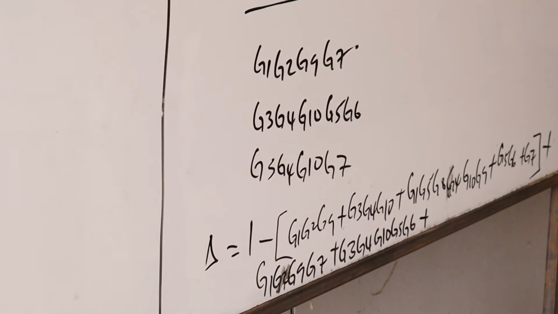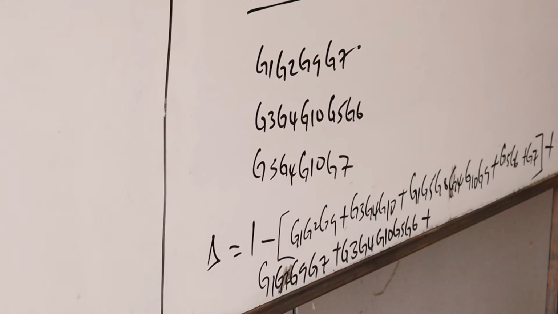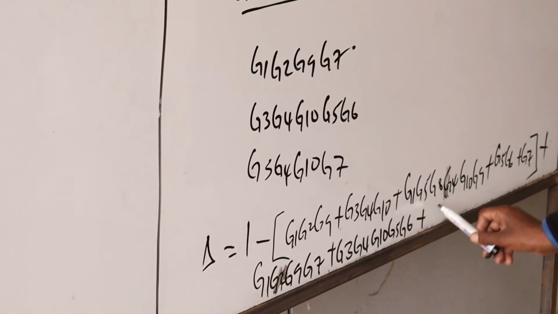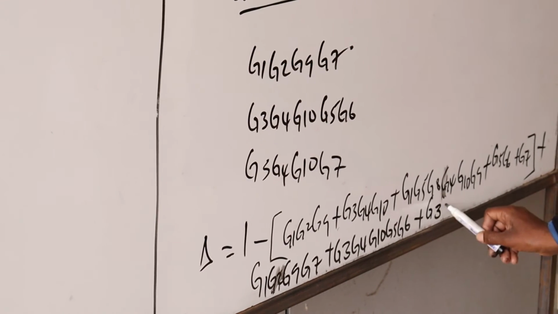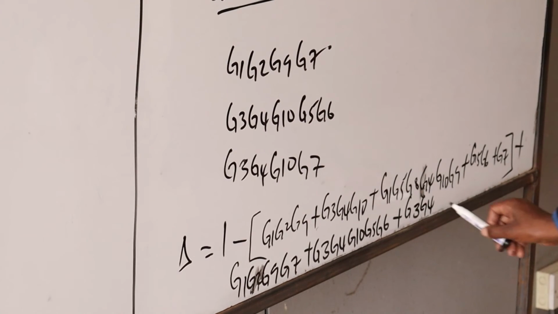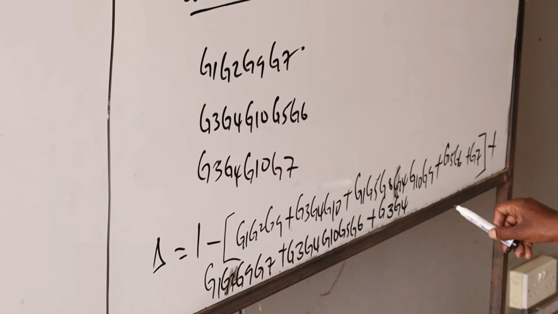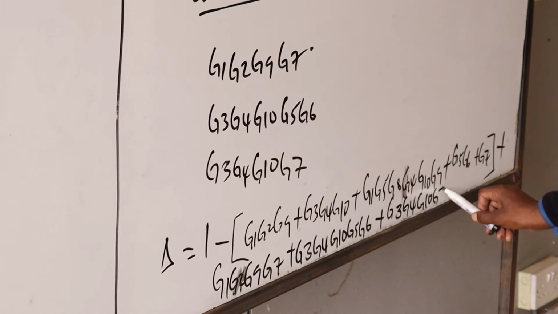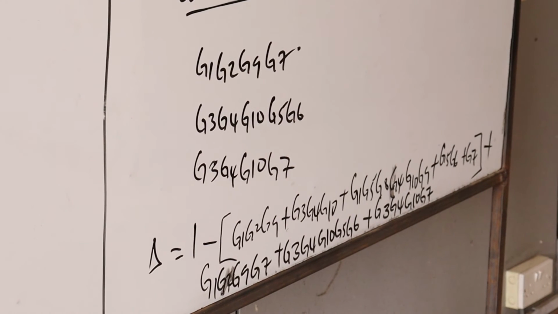Is it G5 or G3? It should be G3, G4. So this one should be G3, G4, G10, plus G3, G4, G10, G7. So that is now the overall determinant.